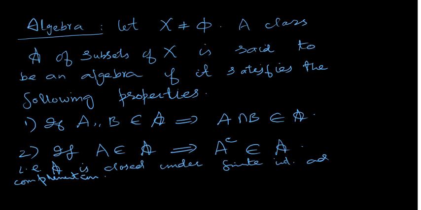So that it has two properties. First property, it's closed with respect to finite intersection, and the second property, it's closed under complementation.